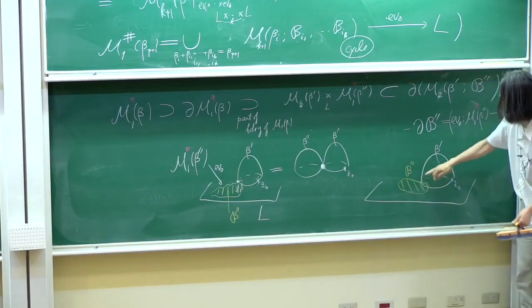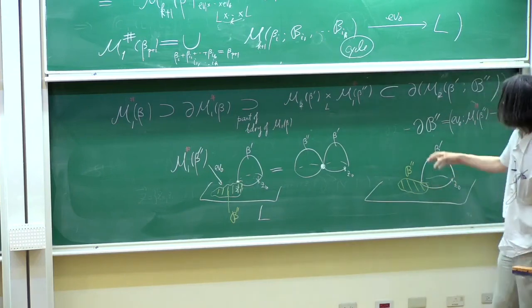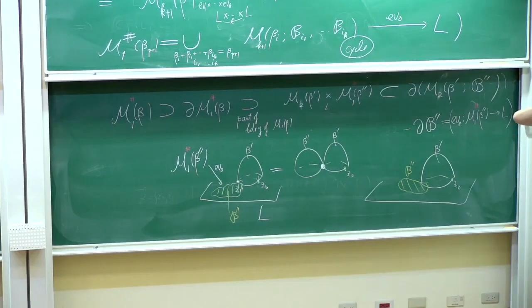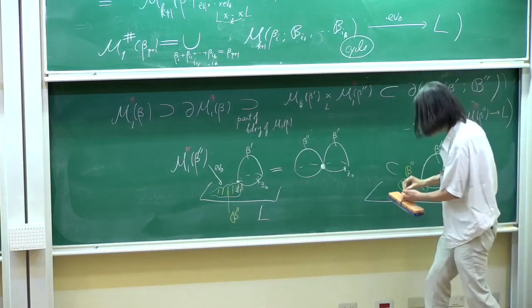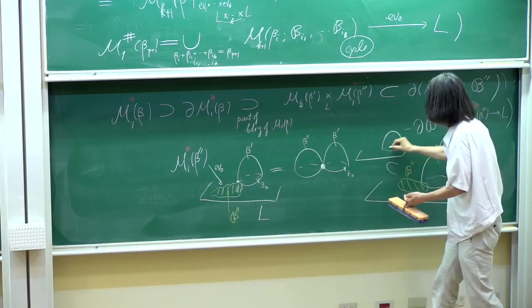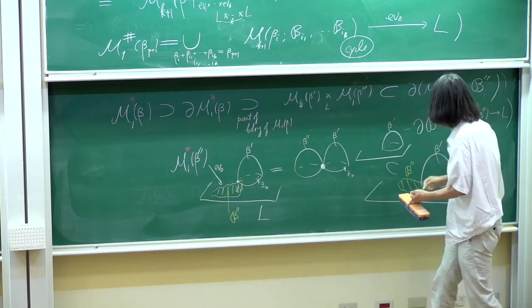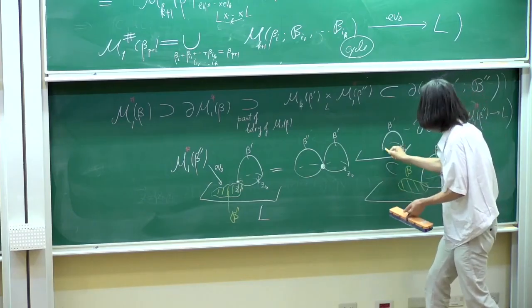I consider a beta prime holomorphic disk meeting with this yellow B double prime. And then part of the boundary of such a configuration is actually a beta prime holomorphic disk meeting with the boundary, right?